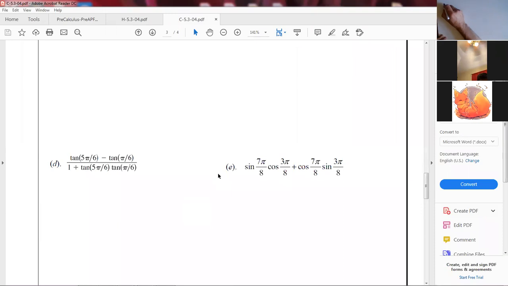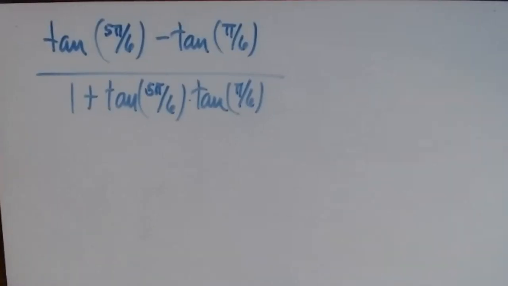Tangent of 5 pi over 6 minus tangent pi over 6, over 1 plus tangent 5 pi over 6 tangent pi over 6. So I have to find a value for this expression.